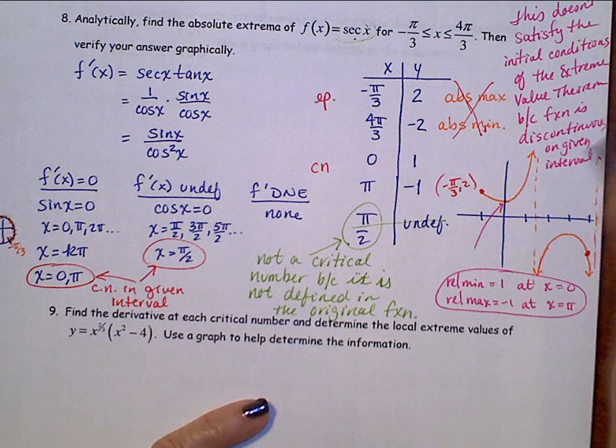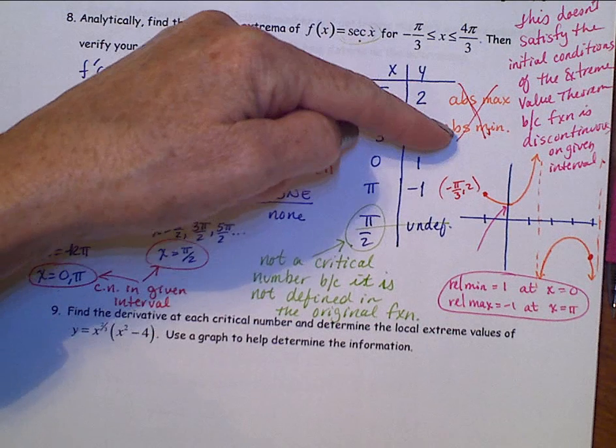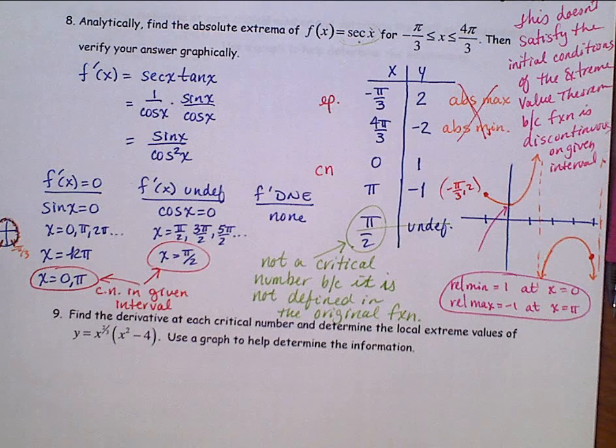So, what you think are absolute extremas might not be, because it's not guaranteed, because the extreme value theorem doesn't hold true.